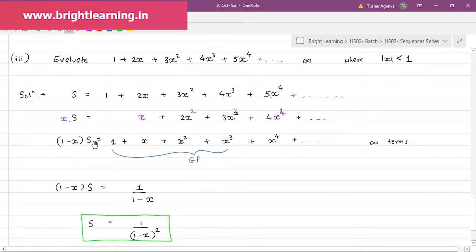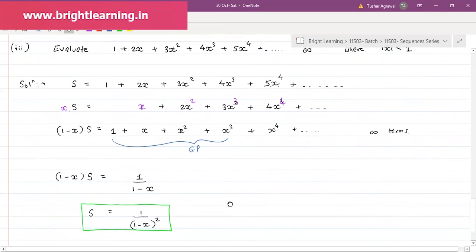Here, this GP, sir. 1, x, x square, this forms a geometric progression, no? Okay, sir. Into x into x into x, geometric progression. And what is the sum of this infinite geometric progression? A upon 1 minus r, because r is less than 1. The numerator 1 minus r raised to n, 1 minus r raised to infinity, that will be 1 minus 0 only. No? Yes, sir. Okay, sir. Done, sir. Okay.